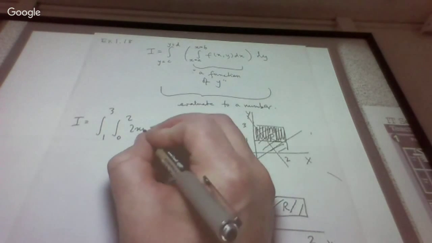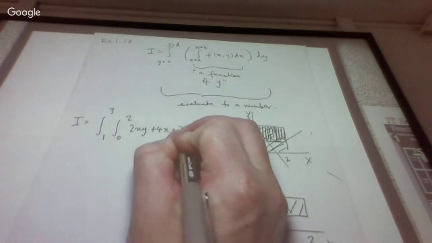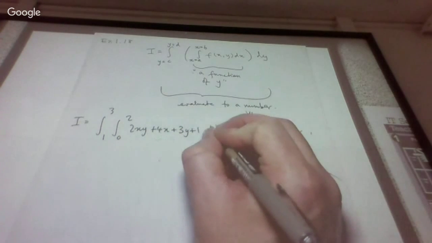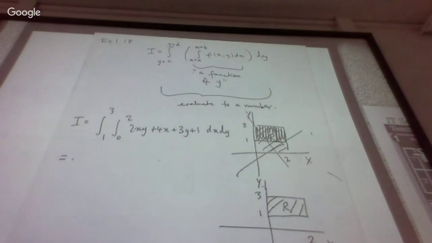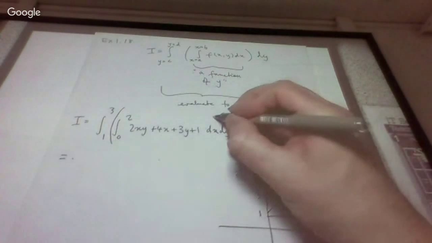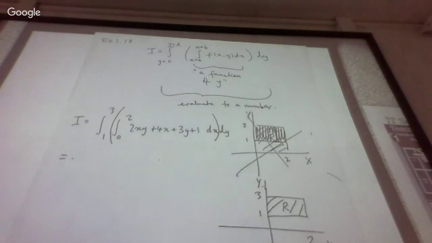The function we're integrating is 2xy plus 4x plus 3y plus 1 dx dy. So this is interpreted as a pair of nested integrals. We've got the x integral, drawing the brackets can help separate it. We've got the x integral inside the y integral.